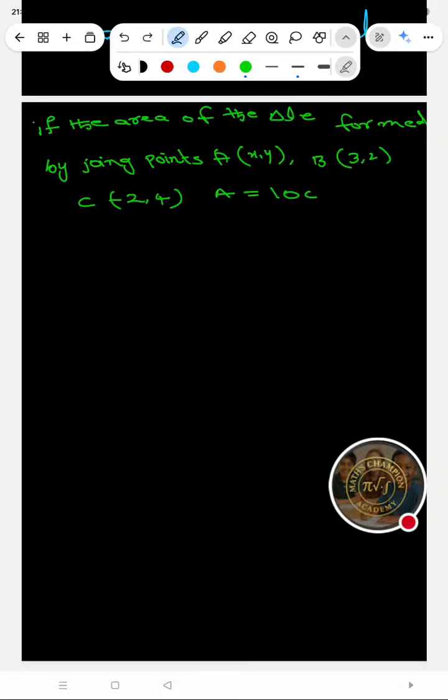Okay, the units are not given, so 10 square units.